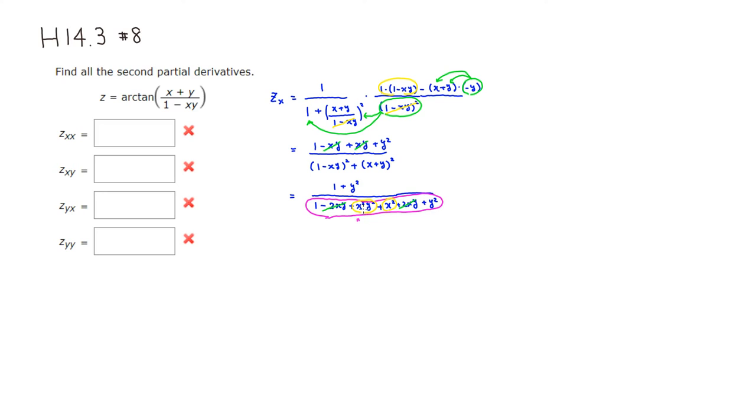Since x squared is in common, I'm going to pull out the x squared. Then you have, let's see, 1 plus y squared. Right, 1 from here, y squared from there, right? Then you have a 1 plus y squared sitting there, right? So you can see that 1 plus y squared is in common, so I'll pull that out.